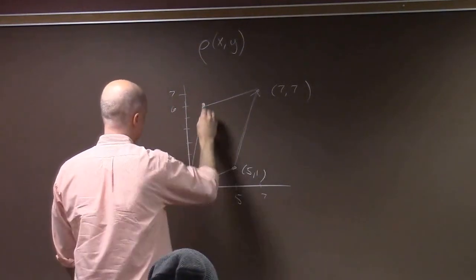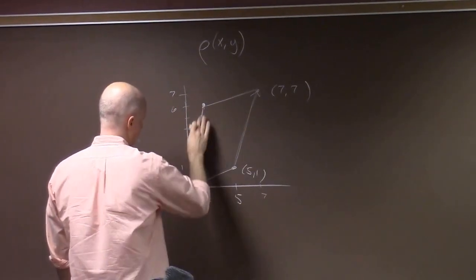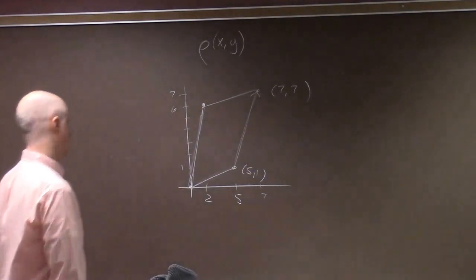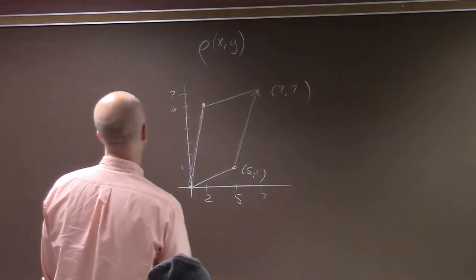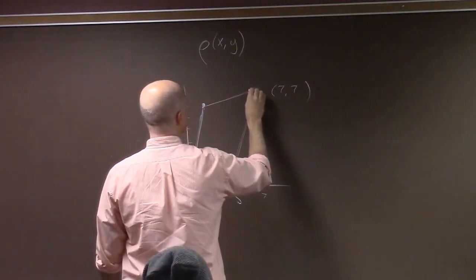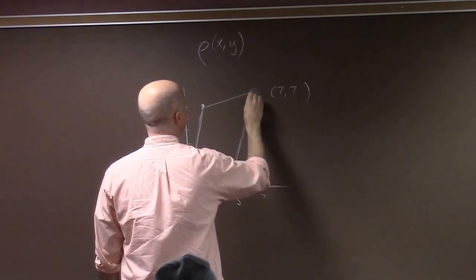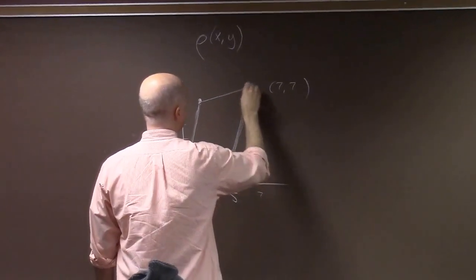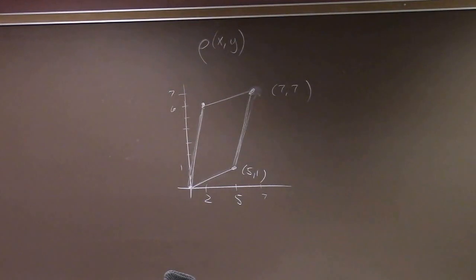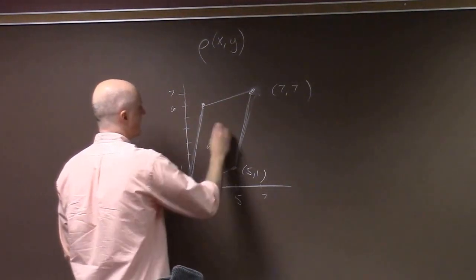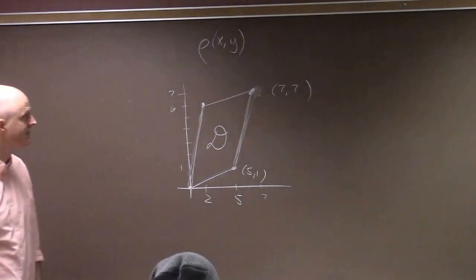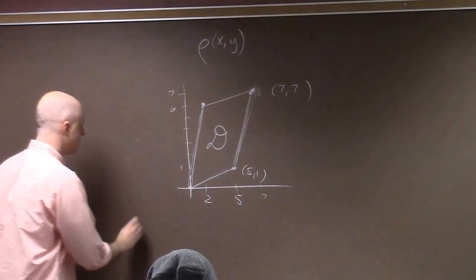Good enough here. Pretend that's a parallelogram. It's hard to draw on a board. Maybe I move this over a little bit. Looks pretty good? All right, so that's our region of integration. That's our domain that we're considering. That's the thin sheet of metal. We'd like to find its mass.